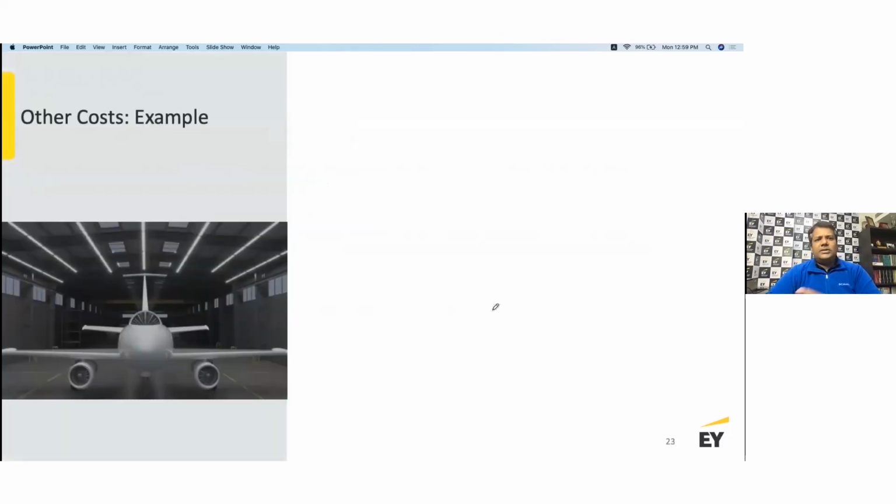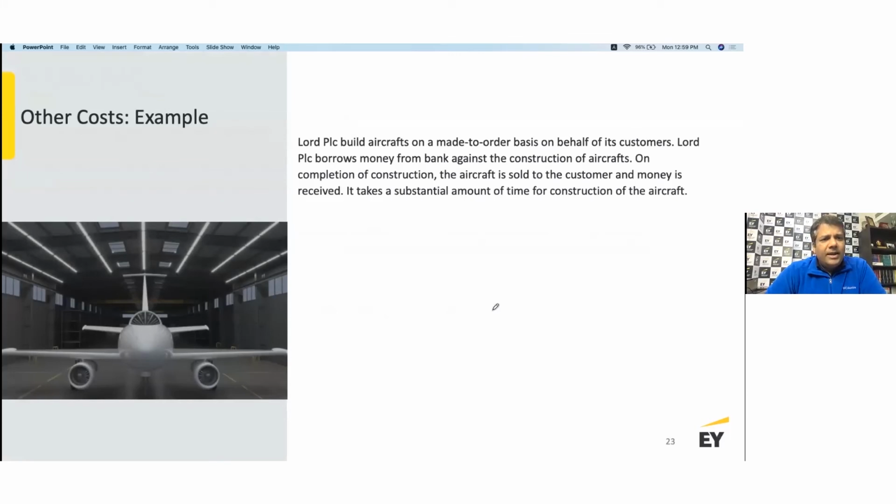All right. Let's look at another cost example. What are the other costs here? Now, Lord PLC builds aircraft on a made to order basis on behalf of its customer. Lord PLC borrows money from the bank against the construction of aircraft. On completion of construction, the aircraft is sold to the customer and money is received.